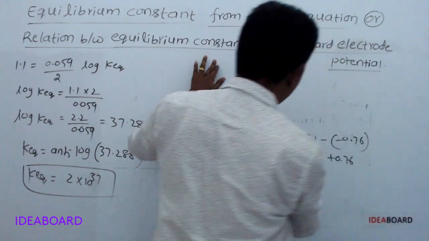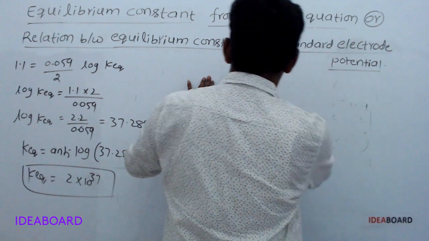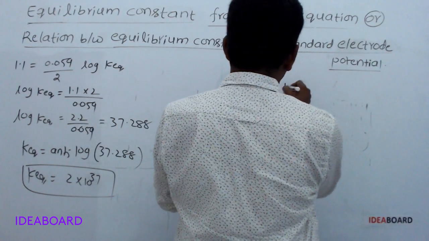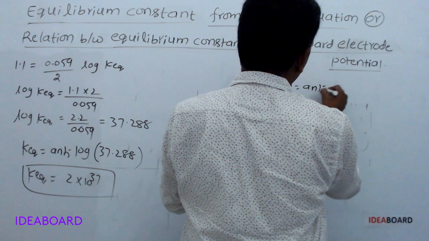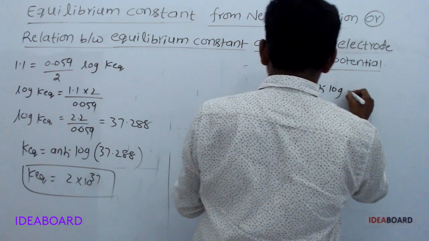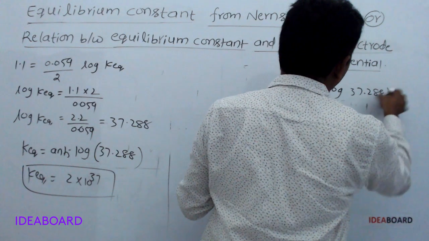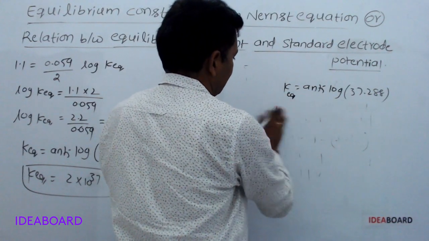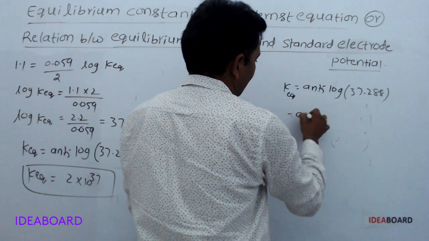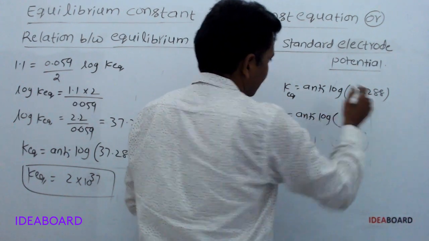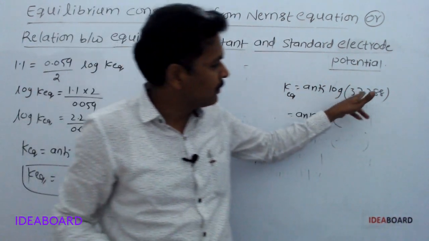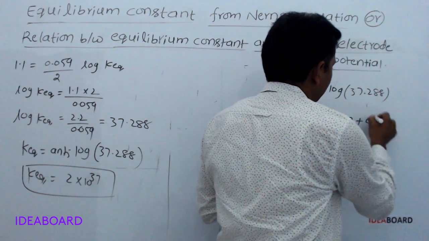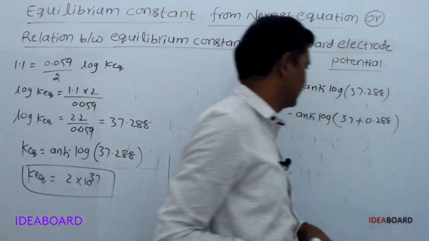Without a logarithm table, we can calculate it. See, K is equal to antilog of 37.288. I am writing it like this: antilog of 37.288, I am writing 37 plus 0.288.